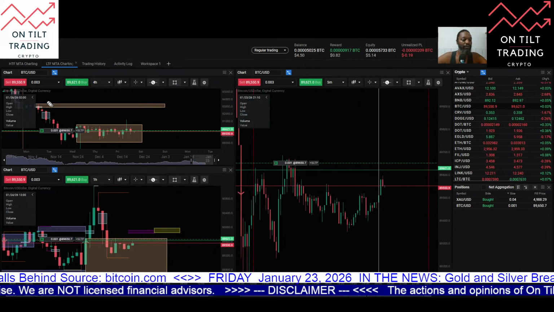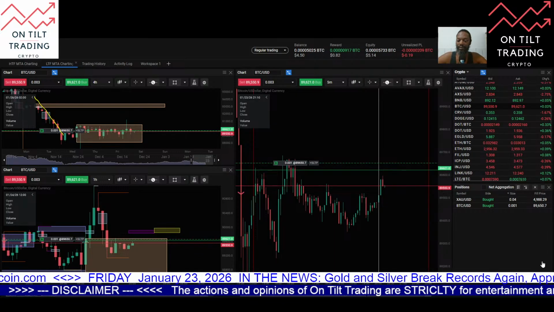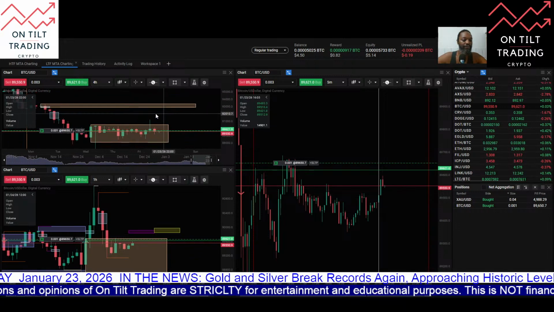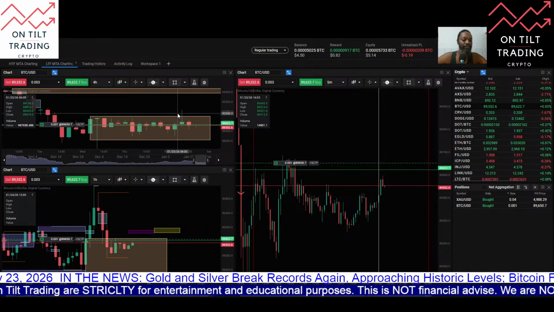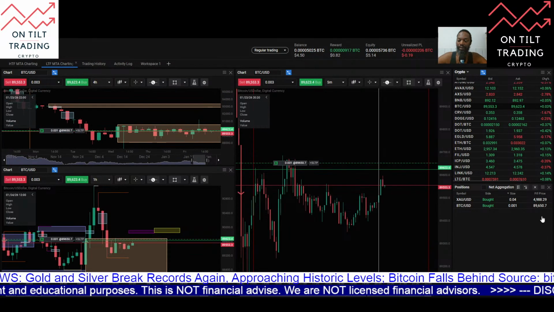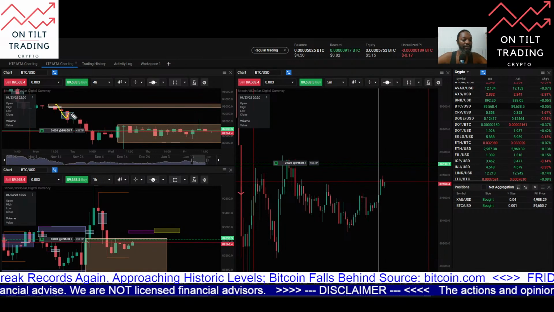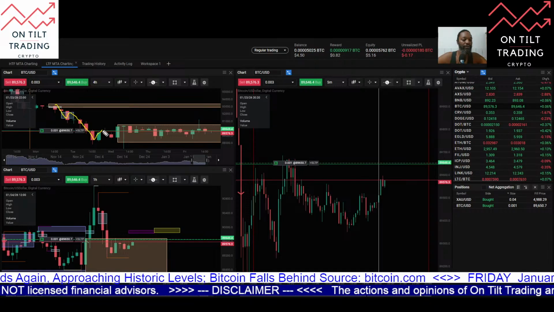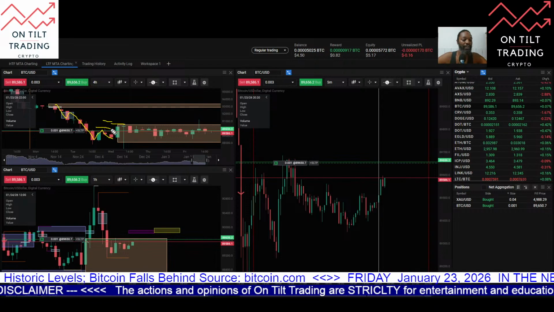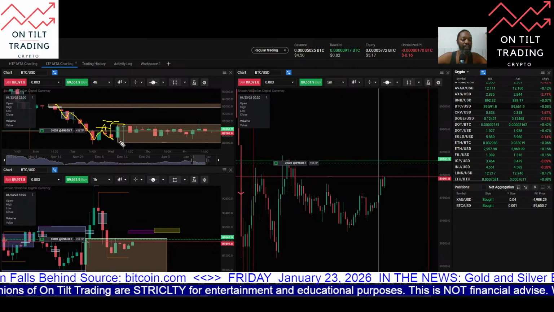So here with Bitcoin, we can see price being delivered to the sell side. Coming in a little closer on this 4-hour chart, we can see this sell side delivery on Bitcoin, and then there's a body candle close above this swing high in this candle.